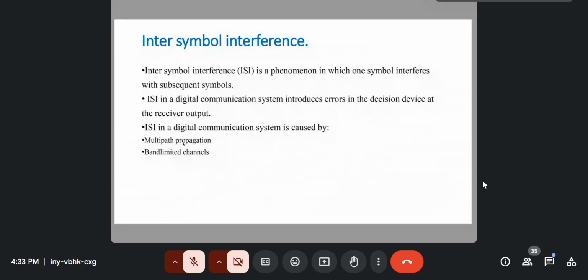And if the spacing of the symbols is a long period, that may not be a problem.